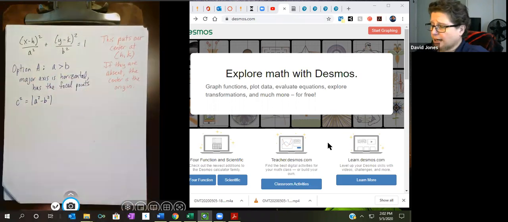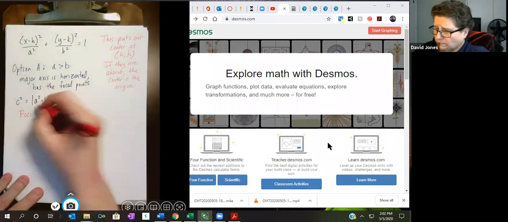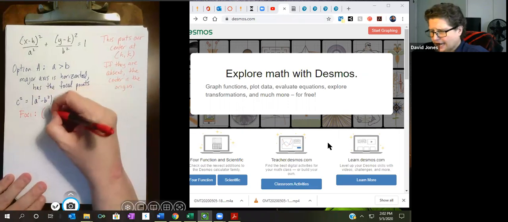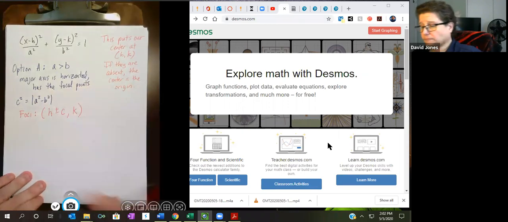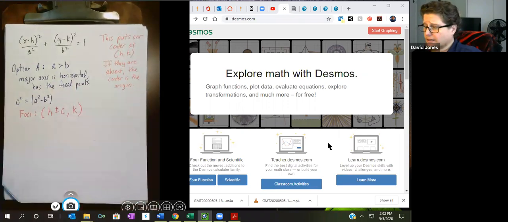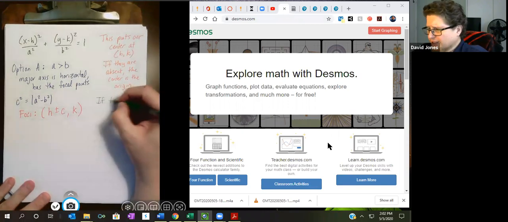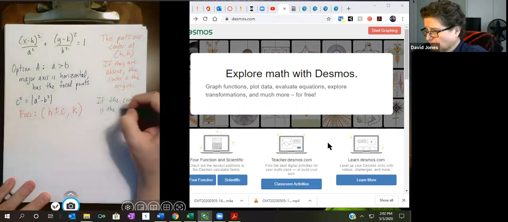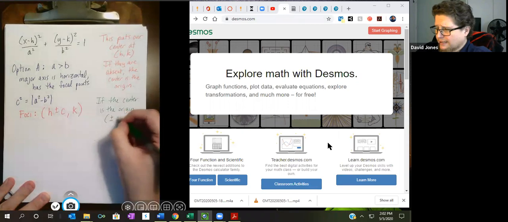The foci are at h plus or minus c comma k. If the center is the origin, plus or minus c comma 0.